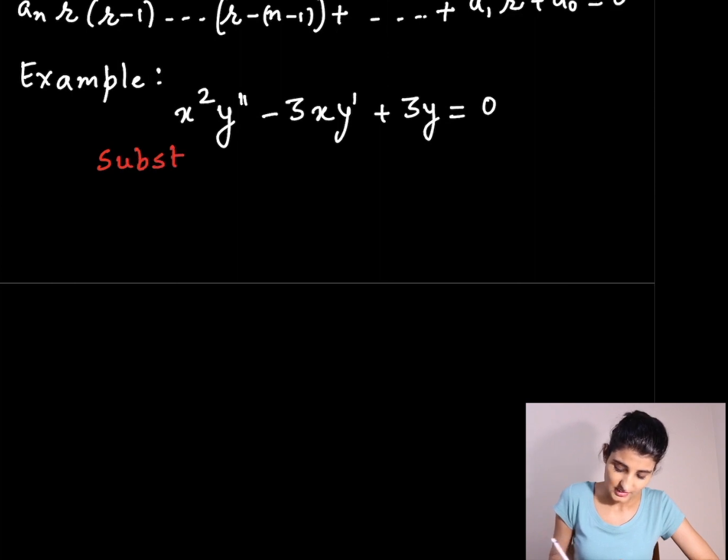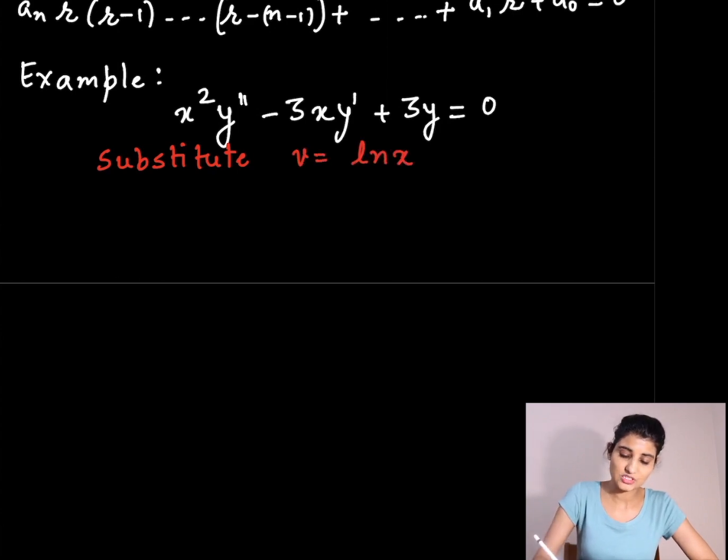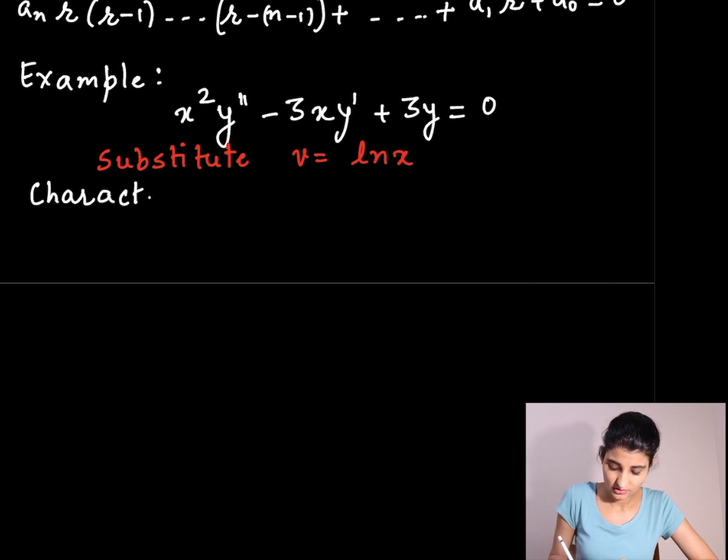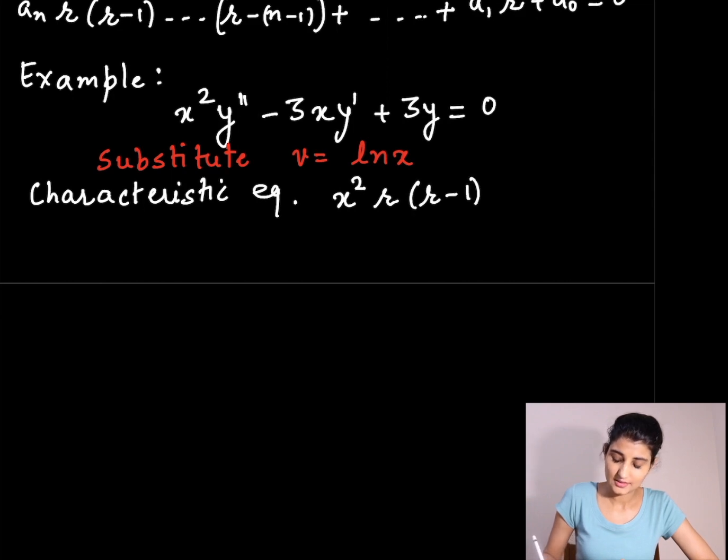We substitute v equal to ln x. Then our characteristic equation is given by r times (r minus 1) minus 3r plus 3 equal to 0.